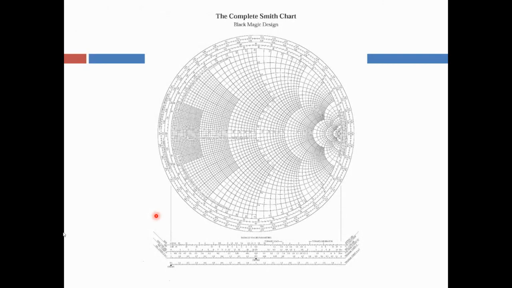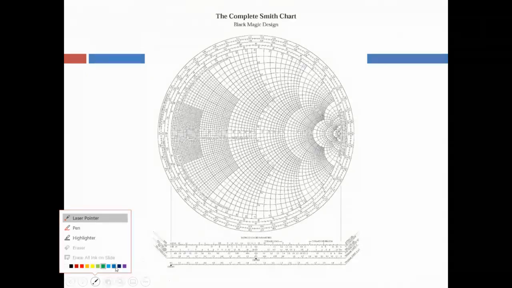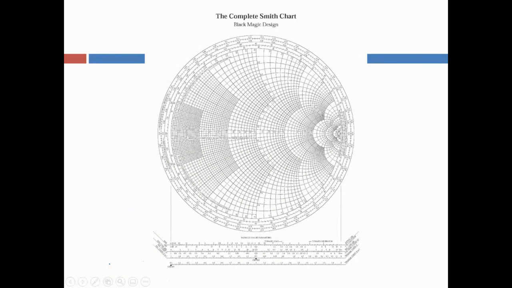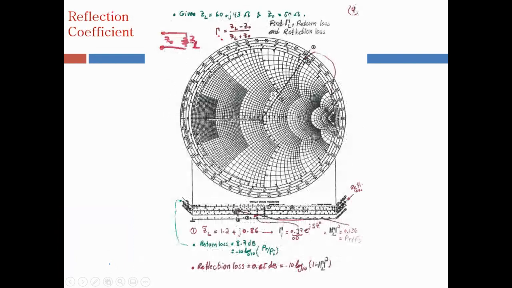Okay, so now the first thing that I want to teach you is how to use the Smith chart to not only locate the load, but find out the reflection coefficient, both the magnitude and the phase. So both gamma, that is what I'm going to do in here, and I'm going to do the example that is on here.